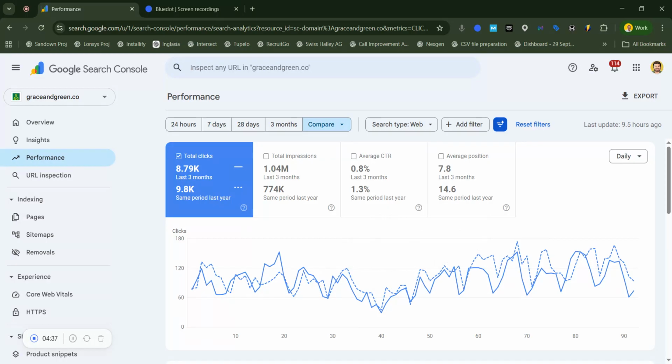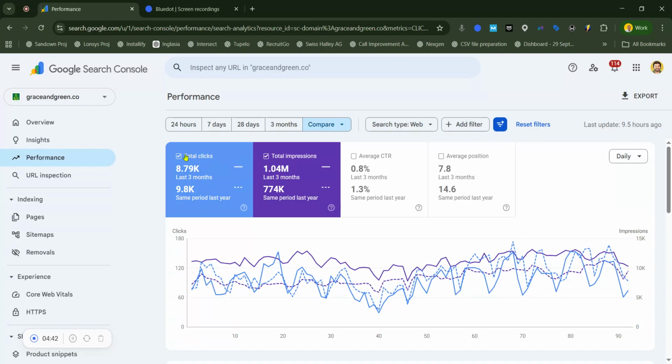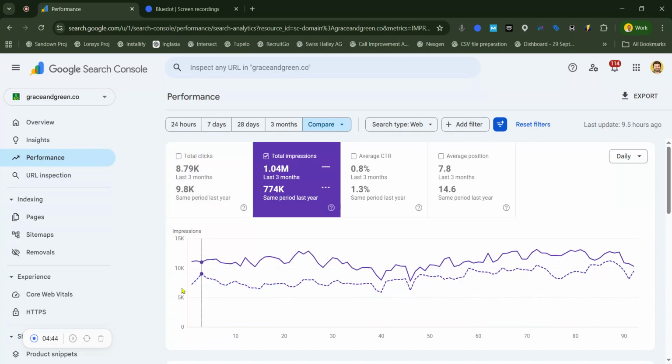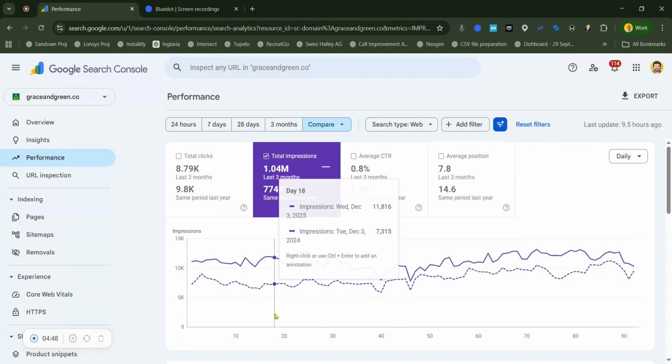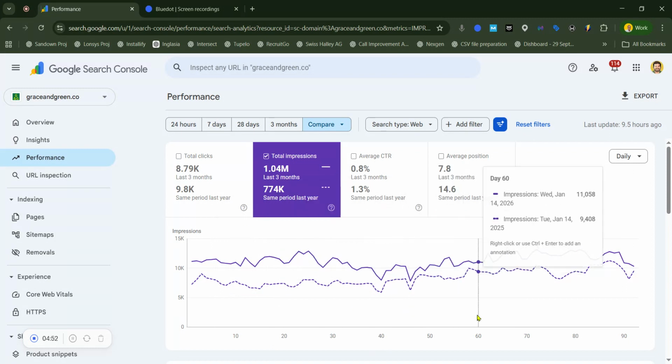Now, to further confirm our theory, we can also use impressions. Right here, you can see that the impressions are even more identical than the clicks. In some respects, impressions are more instructive here, because clicks can differ from impressions.